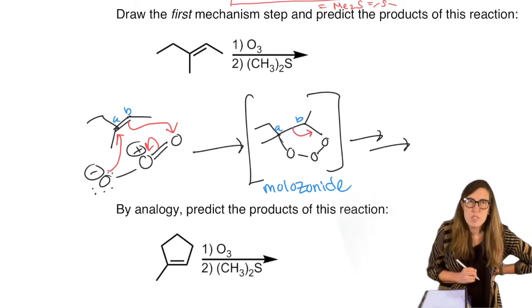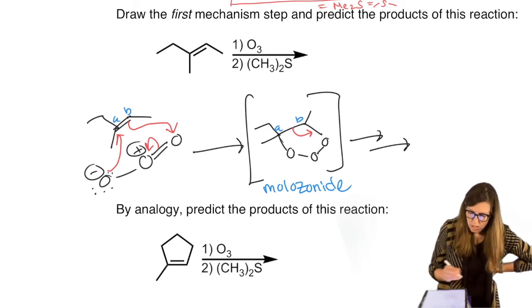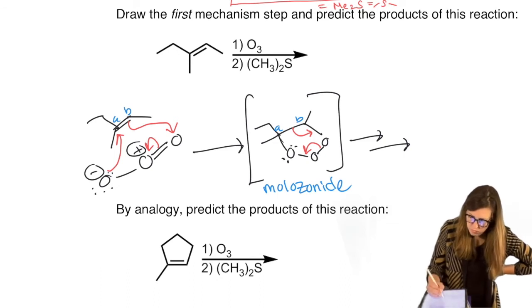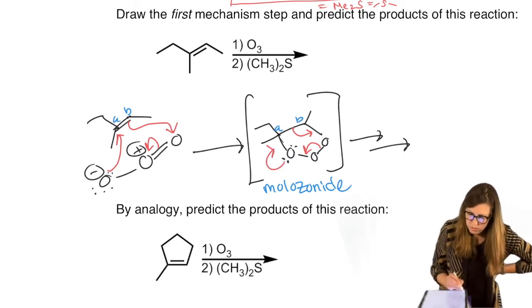Right there, it's broken. A and B aren't bonded anymore. That's as this ring collapses down to form the next intermediate. And voila, we form carbonyls in that step as well.